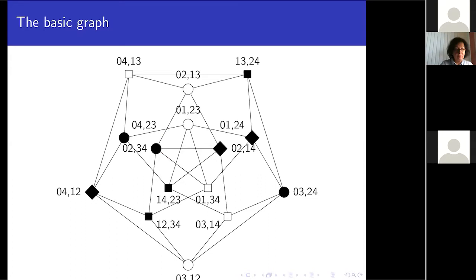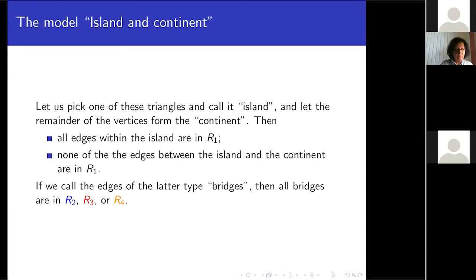We have 3 edge disjoint copies of this graph on the same vertex set, sharing a common imprimitivity set. We have these 5 triangles, and we pick one of them and call it the island, and we call the union of the other triangles the continent.